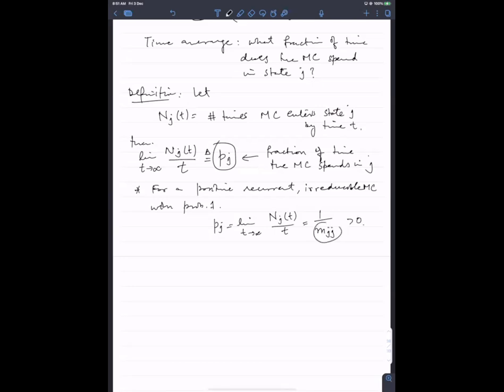Okay, and m_jj is the average time that you start with state j and come back to state j. So you need positive recurrence and irreducibility. यहाँ पे aperiodicity is not needed. पीरियोडिक चेन्स जो होंगी उनके अंदर भी ये फॉर्मूला चलेगा. Aperiodicity is not needed. Okay? And the proof comes from the strong law of large numbers and renewal theorem, and we will skip that as well.